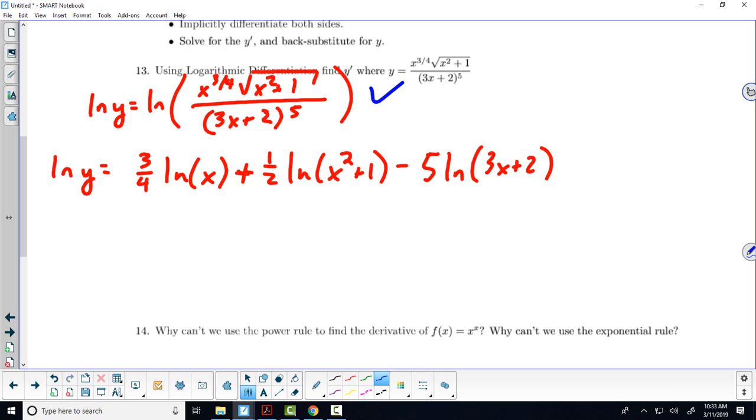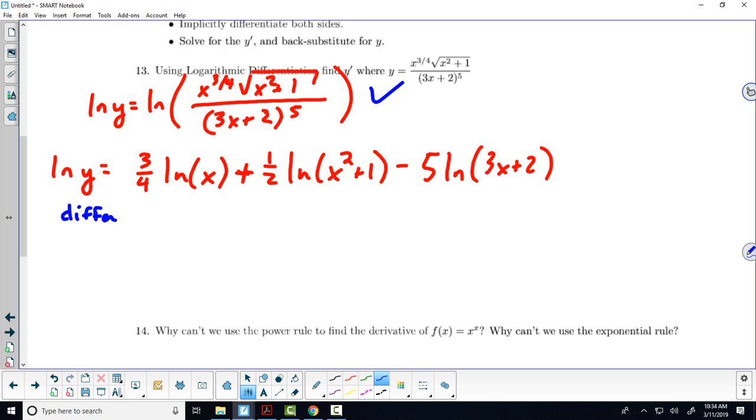So now y is no longer an explicit function of x. This is now an implicit function of x, so I'm going to have to use what technique? The implicit differentiation technique that we talked about last time. So now I'm going to take the derivative of both sides. Let me just say differentiating, so I don't have to recopy it and put the d/dx on each side.